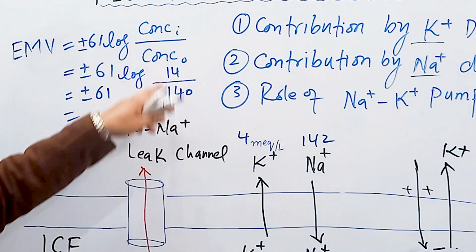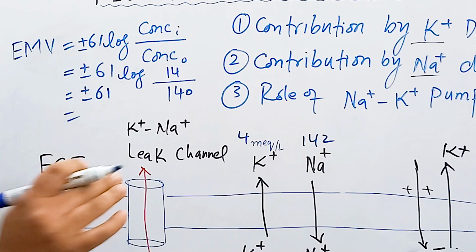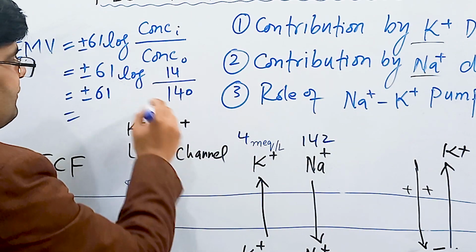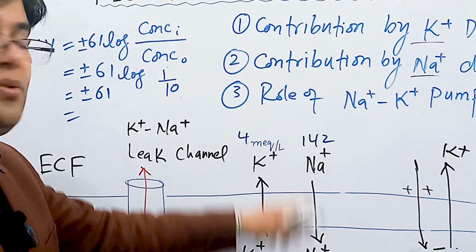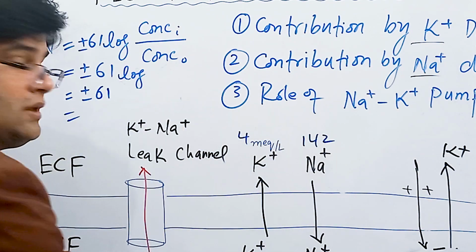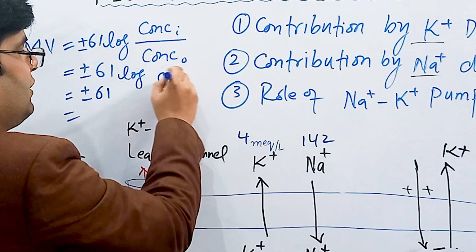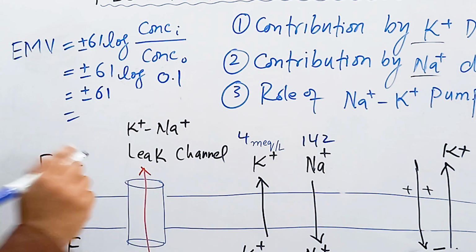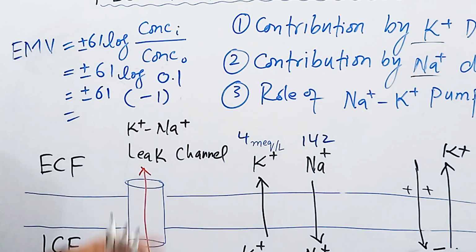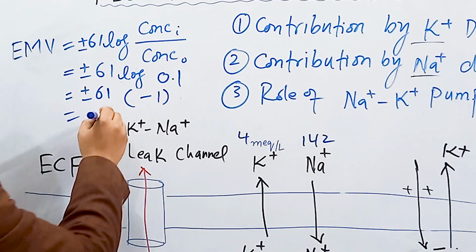So this ratio of 14 to 140 is 1 over 10. And the log of 1 over 10, the ratio between concentration of sodium inside to outside, that means 0.1. And the log of 0.1 is equal to -1. When you multiply the 61 with -1, the answer is 61.